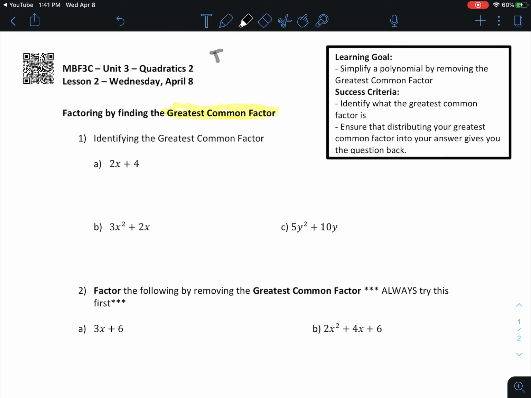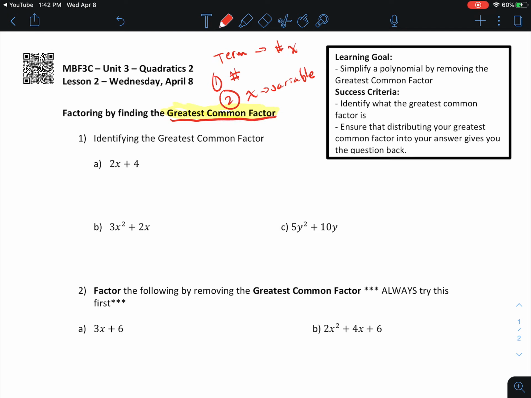Anytime we have any term, you'll recall that a term has a number and a letter, whatever, it could be X, it could be Y. So it only makes sense that the greatest common factor has 2 pieces. 1 is a number, and 2 is the variable. And when we combine them, the number and the variable, we get the greatest common factor.